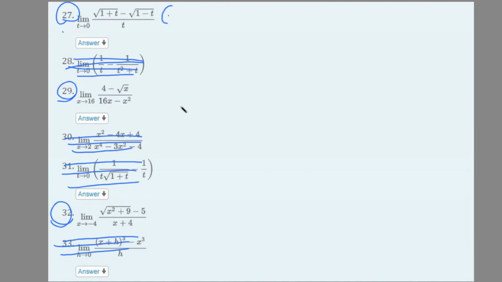The conjugate is kind of like the opposite, so it would be square root of 1 plus t plus square root of 1 minus t, and whatever we do on the top we have to do on the bottom as well. So on the bottom it would be parentheses, square root 1 plus t plus square root 1 minus t, and then close parentheses.